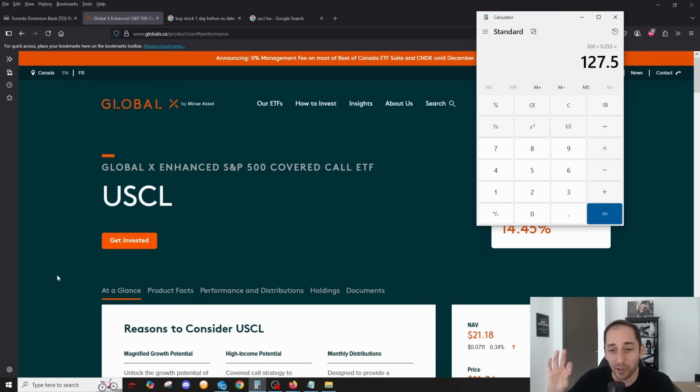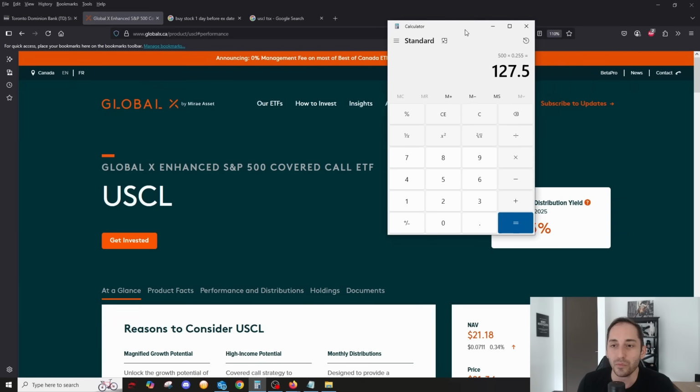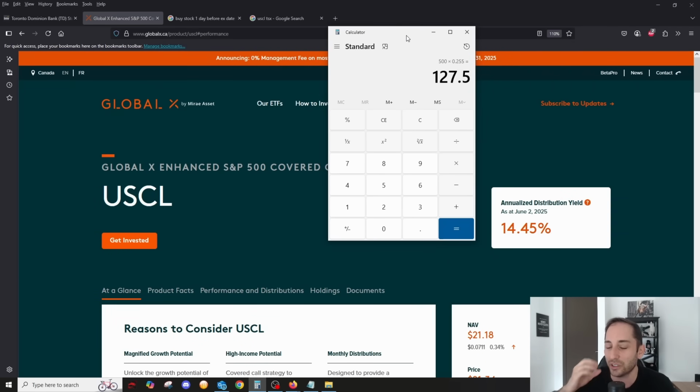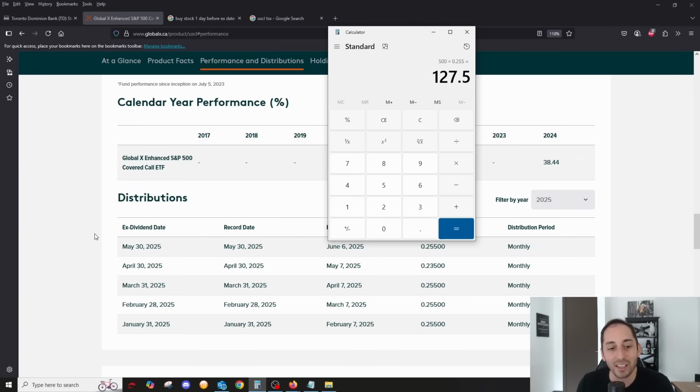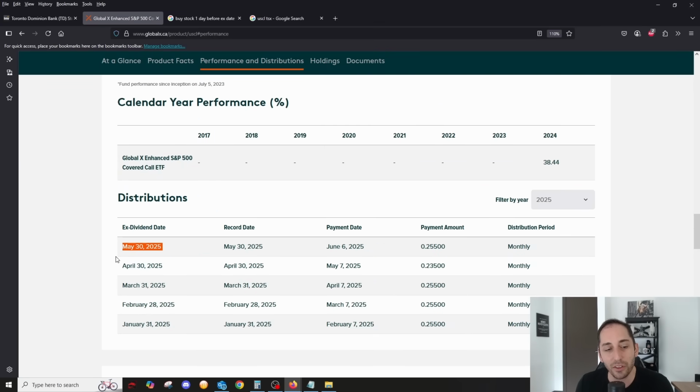Another very important thing to remember is that, especially for high yield ETFs like USCL, you'll see it's even more pronounced. On the day of the ex-date, May 30th, you will wake up and see the stock price of USCL drop by the dividend amount, right?